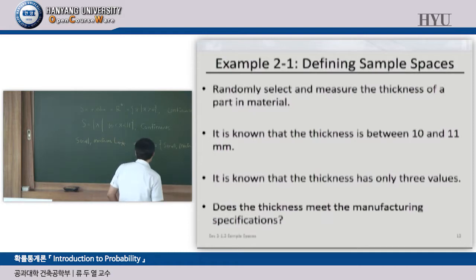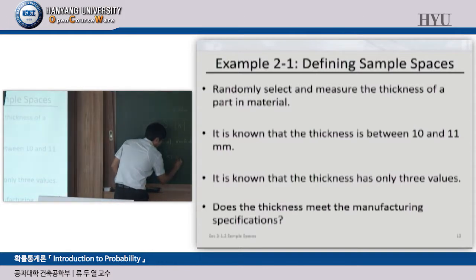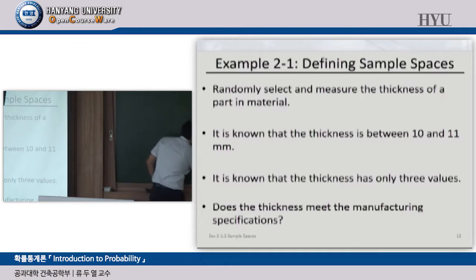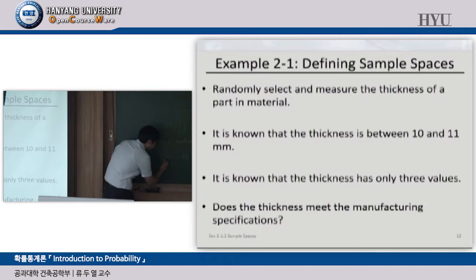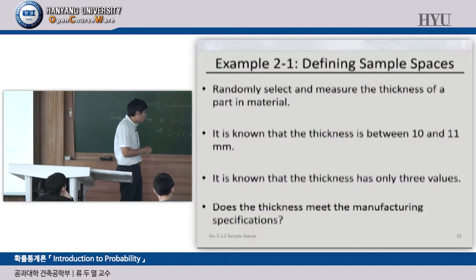So we have only two answers, yes or no. In that case, if we express yes to y, no to n, the sample space will be y and n, right? There are two items included in the sample space. So this is also discrete system.